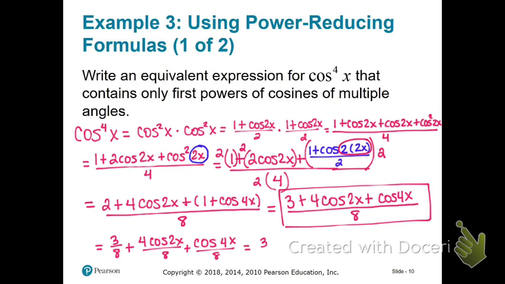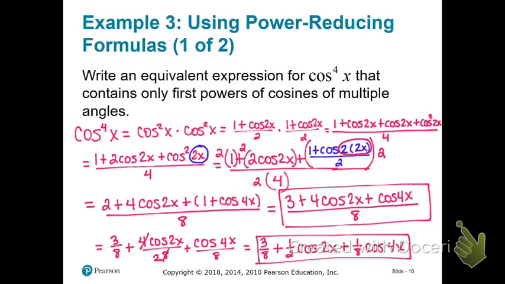And so I would get 3/8 plus, this reduces, now I don't have a fraction so much, 1/2 cosine of 2x plus 1/8 of cosine of 4x. Any of those, though, I think would be acceptable. Okay?